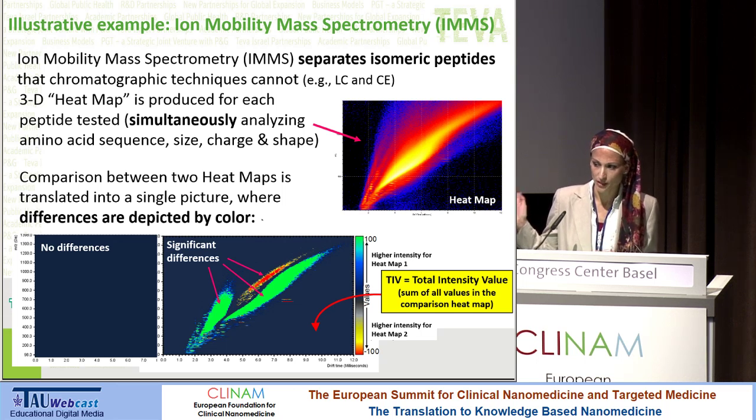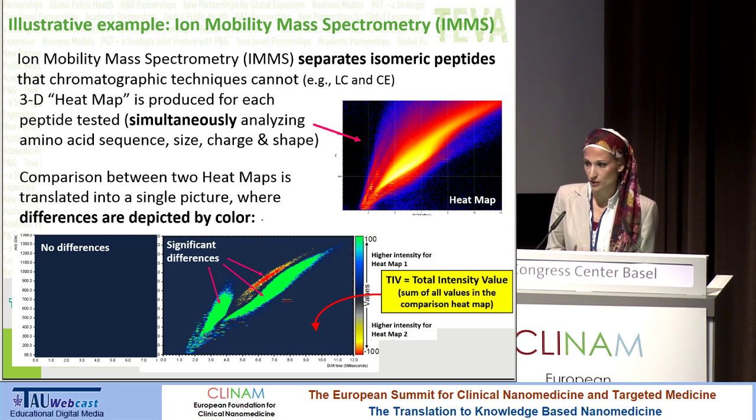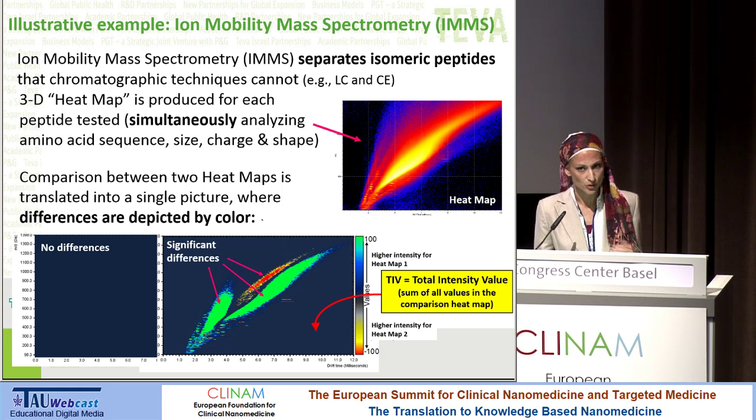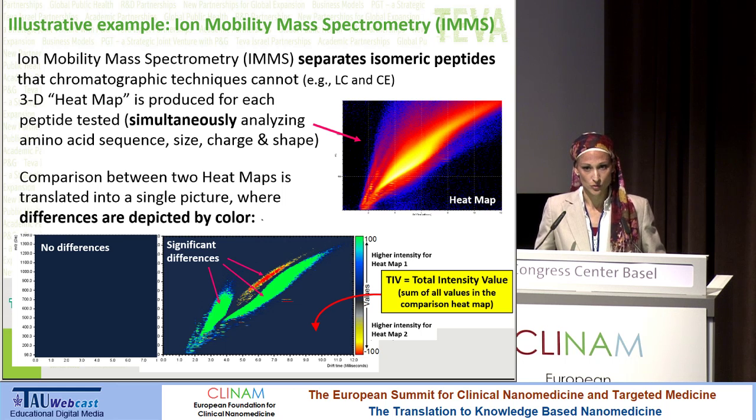So here on the right, you have a two-dimensional picture of one such compound characterized. Now, if you want to compare two different batches or two different compounds, you virtually overlay the heat maps of these two compounds, and you seek differences.